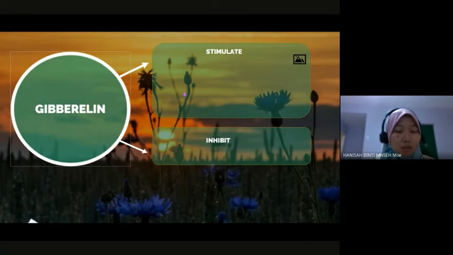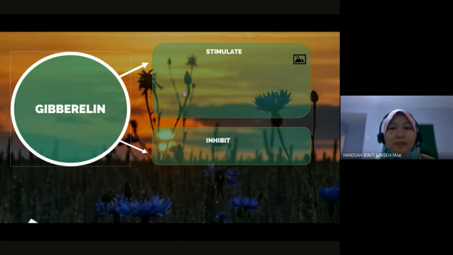Auxin stimulates growth, gibberellin also stimulates growth, but auxin basically stimulates the growth of shoot and root. But gibberellin stimulates the elongation or the growth of stem.